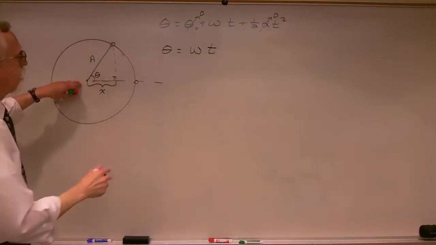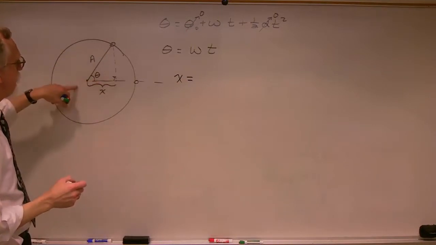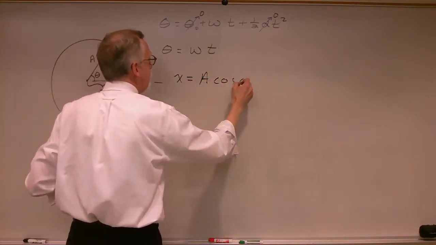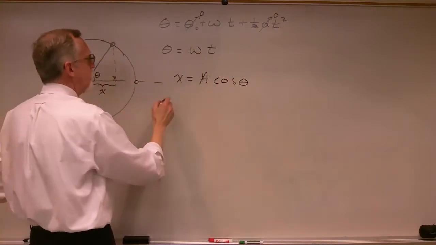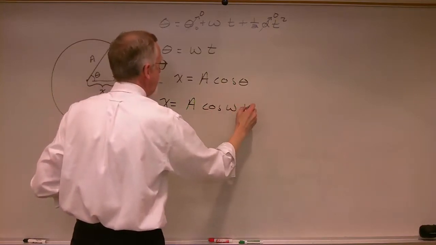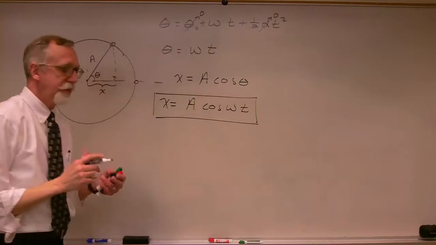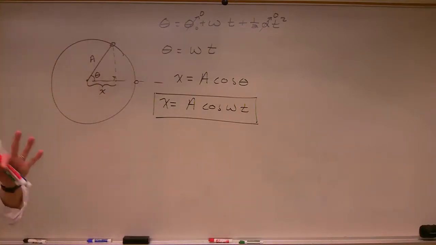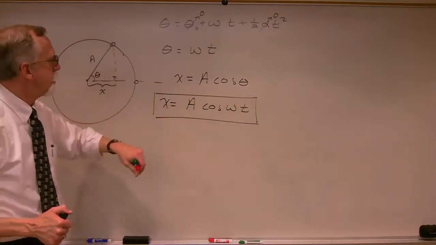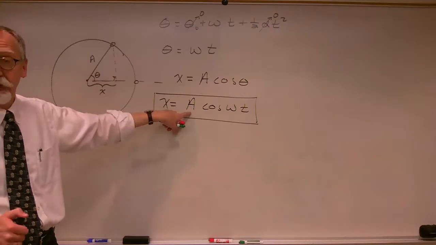From our diagram, we see that x is equal to, now we've got a right triangle here, x is going to be a cos theta, or with theta equal omega t, we have x equals a cos omega t. And there we go. This tells us the position, the x coordinate of our object as a function of time in terms of the angular velocity omega and the amplitude of the motion a.